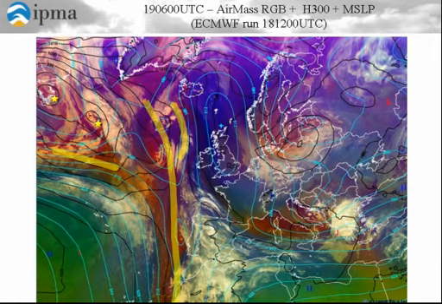And this weather system is very interesting because it's bringing cold air to the south, and also some stratospheric intrusion. You can see it very well with these bluish and purple colors over here, and it's well seen here in the air mass RGB.